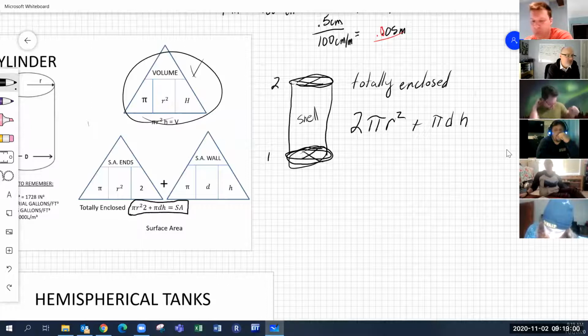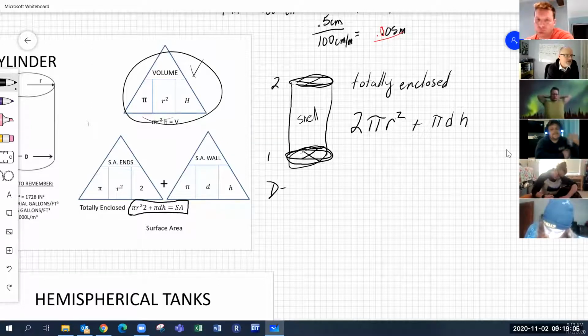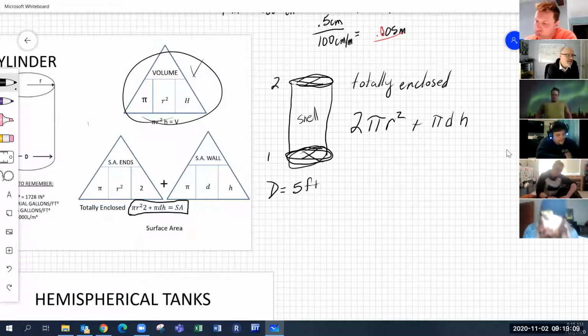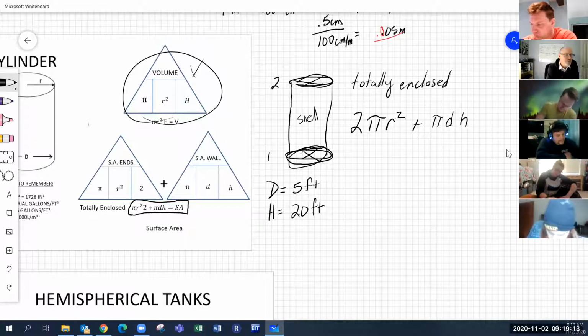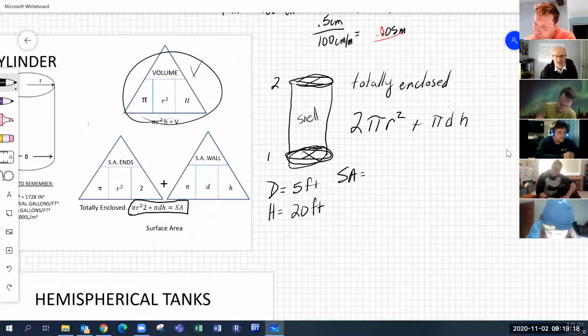And now let's give you some variables. I'm going to say this tank has a diameter of 5 feet, and it has a height of 20 feet. I want you to calculate the surface area of this totally enclosed tank.